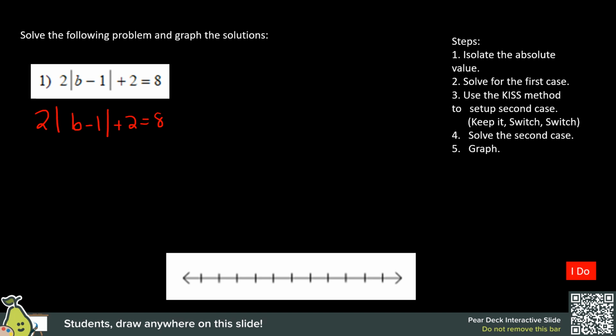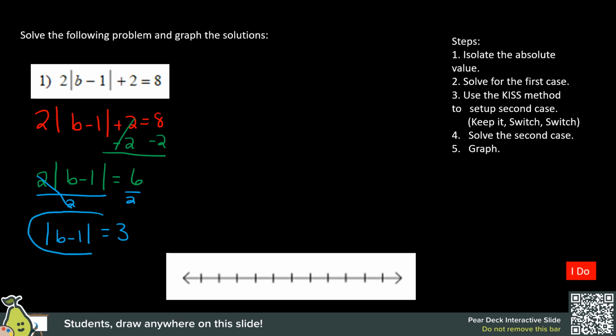To do that, we're going to subtract 2 from both sides. And I'm going to be left with 2 absolute value of b minus 1 equals 6. I still don't have this absolute value isolated yet, but I will after I divide both sides by 2. I get the absolute value of b minus 1 is equal to 3.